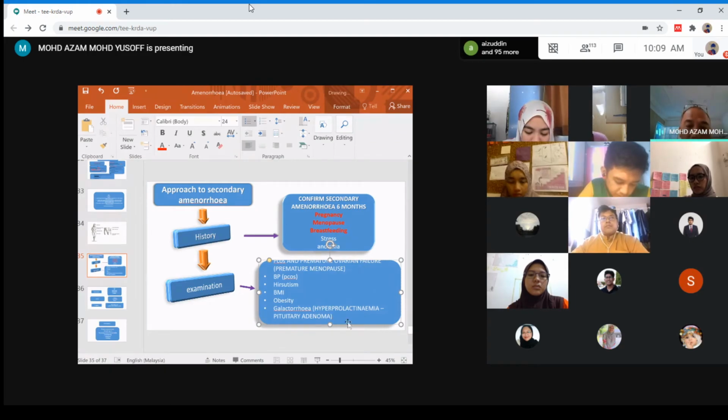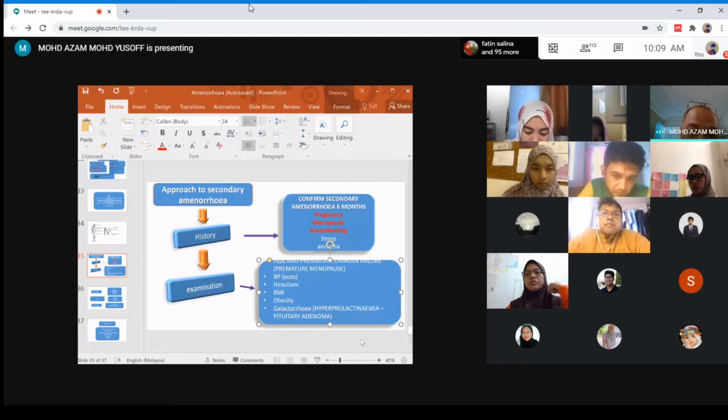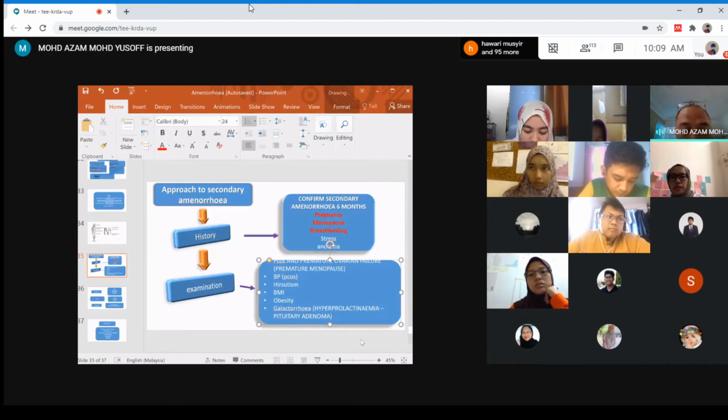There are two types of pituitary adenoma, macroadenoma and microadenoma, depending on the size of the tumor of the pituitary.